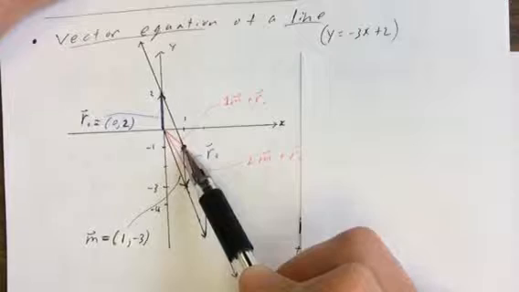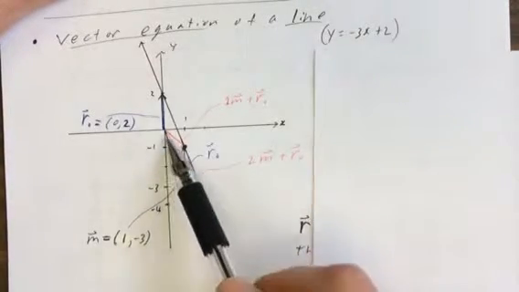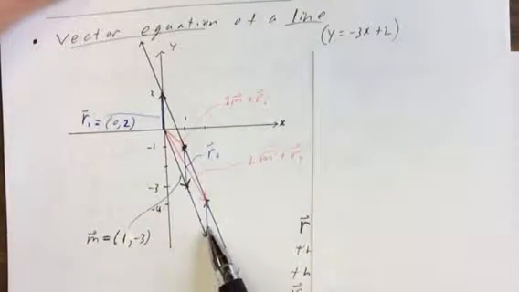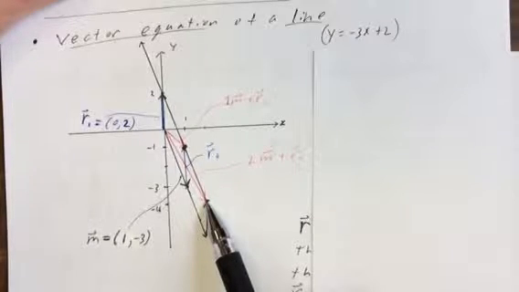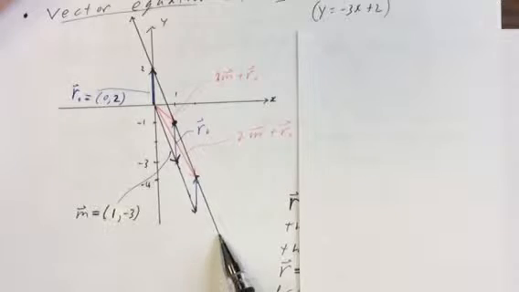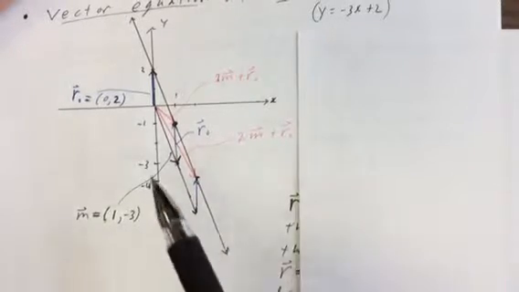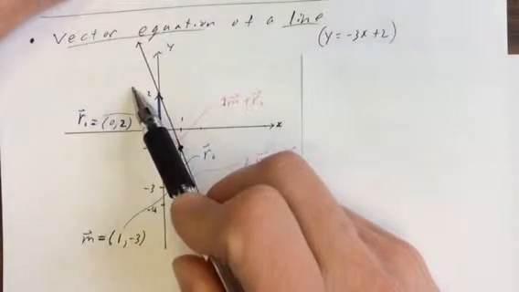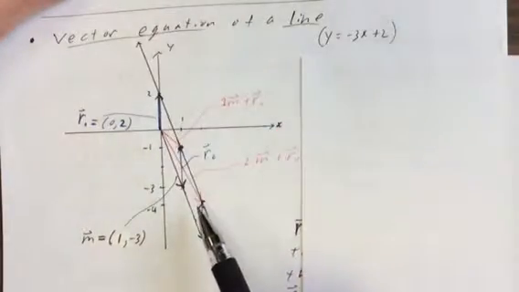That gets me a point on the line. If I go 2m plus r naught, I get a point on the line. 3m plus r naught, a point on the line. Negative m plus r naught, a point on the line.